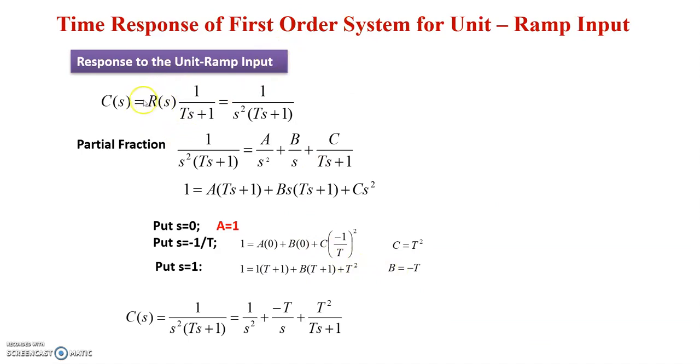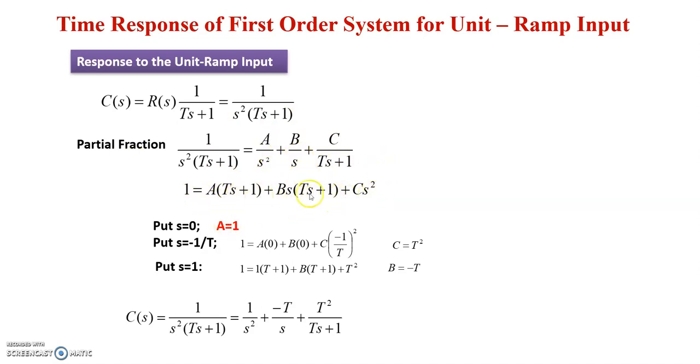Unit ramp input means you can substitute R of s by 1 by s square. So taking partial fraction for this: 1 by s square into tau s plus 1 is equal to a by s square plus b by s plus c by tau s plus 1. Taking the common factor, 1 is equal to a into tau s plus 1 plus bs into tau s plus 1 plus c s square.